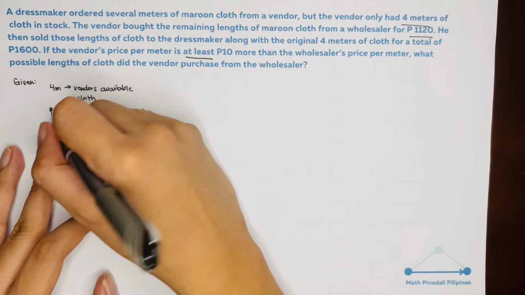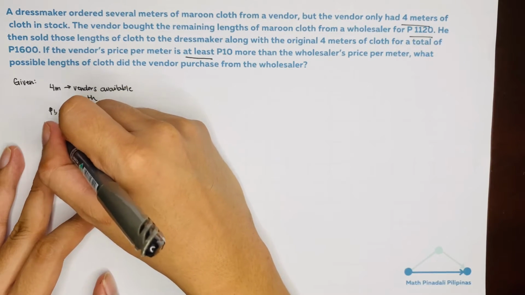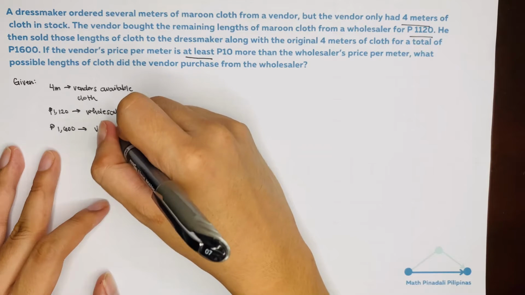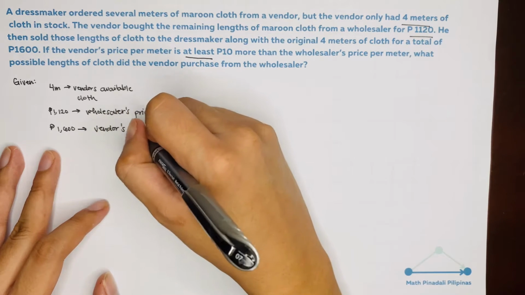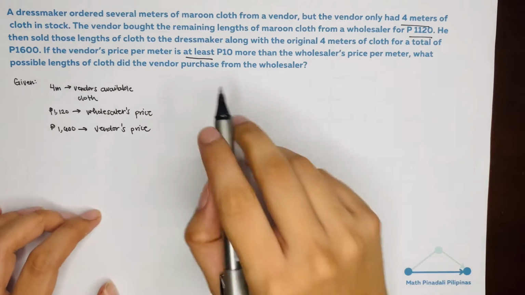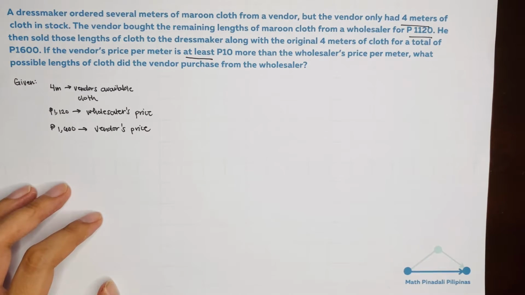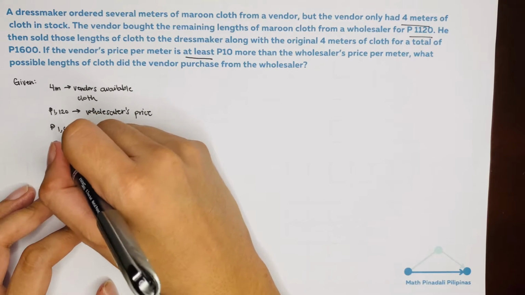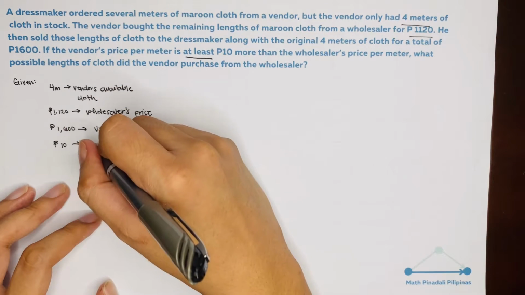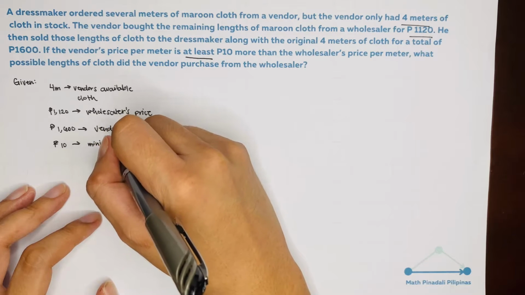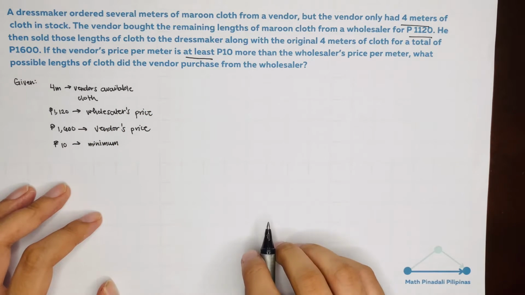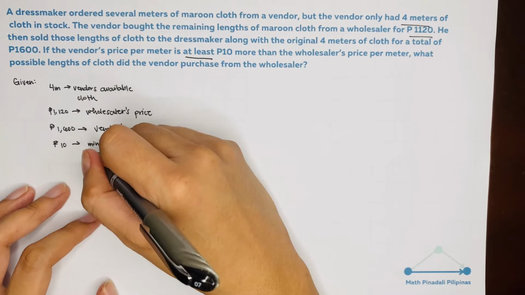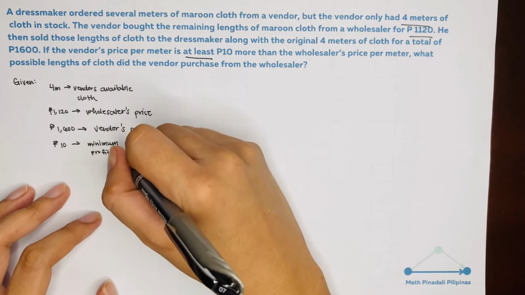So let's say this is vendor's price, and we have at least 10 more, so minimum vendor's profit. So we have 10 pesos minimum vendor's profit per meter.